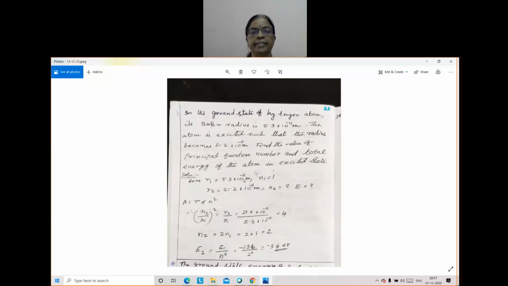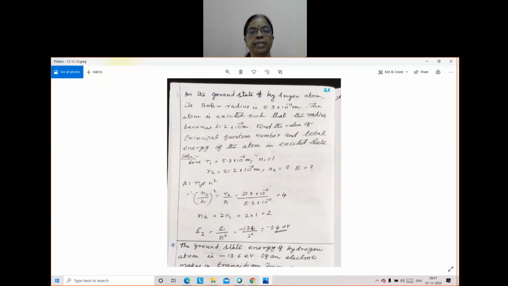What is given? R2, R1 are given. n1 also is given. So there is a relation connecting radius: R is proportional to n square. So R2 is proportional to n2 square, and R1 is proportional to n1 square. So R2 by R1 will be equal to n2 square by n1 square.